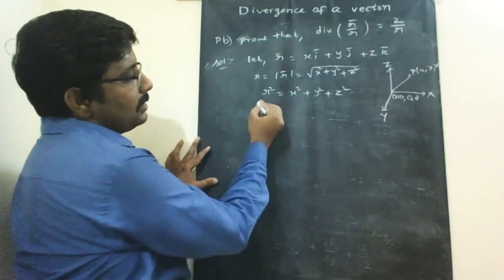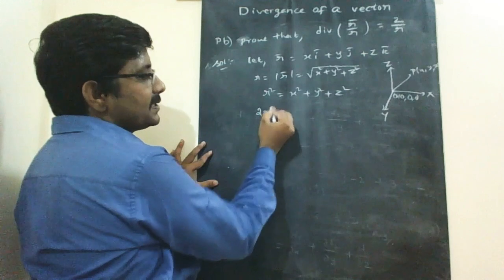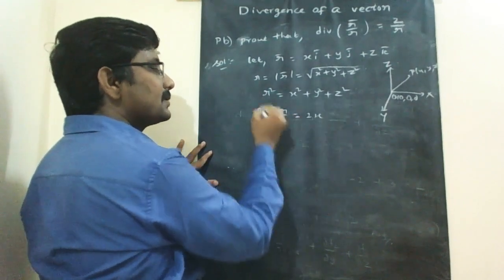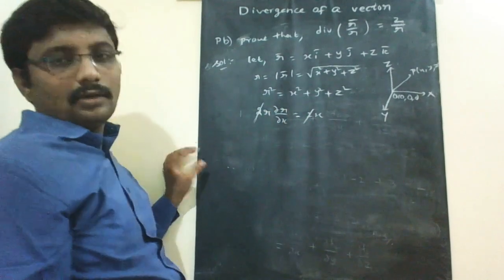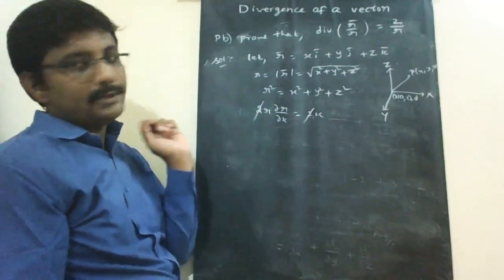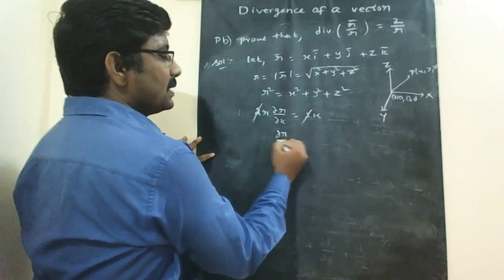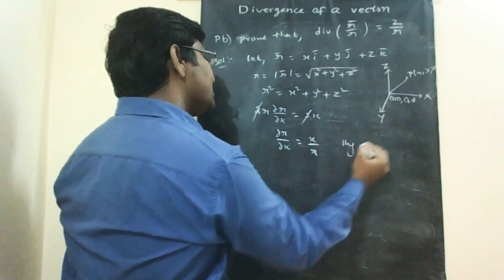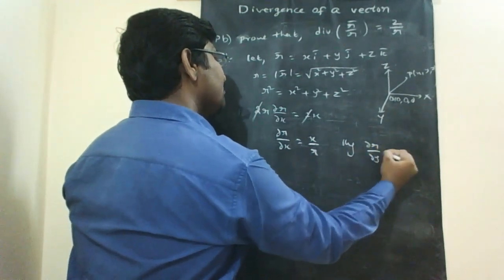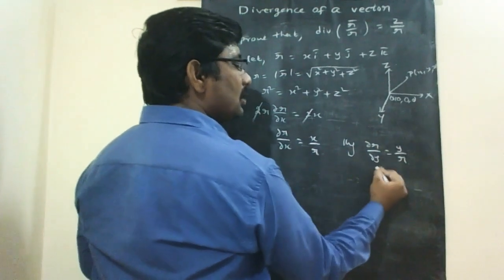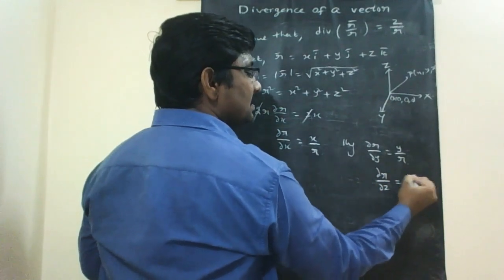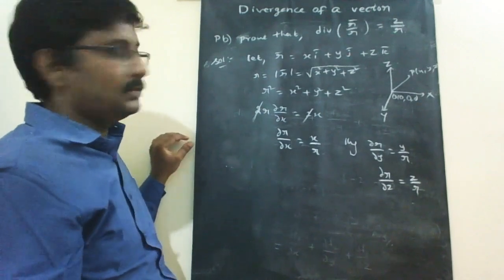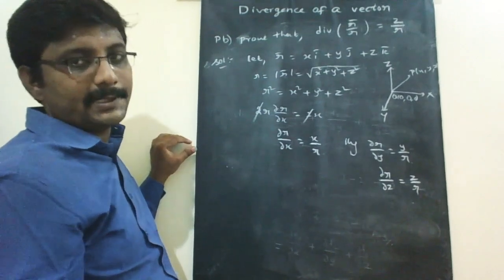Differentiating with respect to x, y, z: 2r into dou r by dou x is 2x, y square derivative 0, z square derivative 0, which implies dou r by dou x is x by r. Similarly, dou r by dou y is y by r and dou r by dou z is z by r. These are the partial derivatives of r with respect to x, y, z.